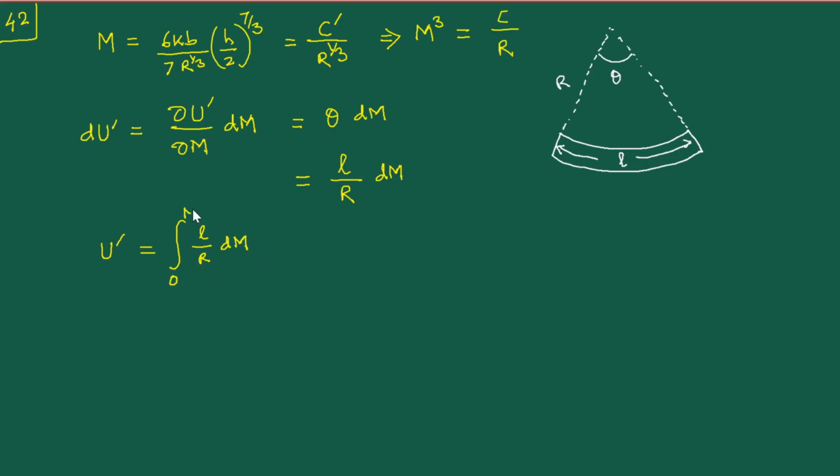Please note what I have done here is that I've carried out the integrations on both the sides, taking as a limit on the left hand side integration from 0 to u dash. So that's how I get this u dash. And on the right hand side, I'm carrying out this integration from 0 to m.